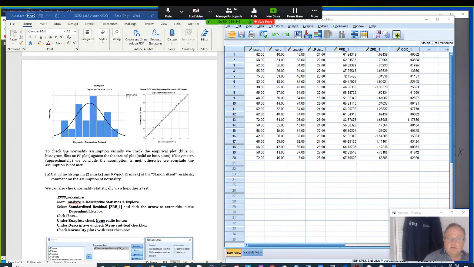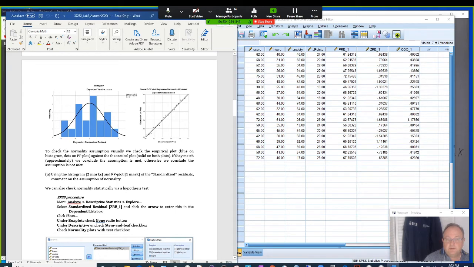To check the normality assumption, we visually check the blue histogram against the theoretical plot, the solid line on both plots. If they match approximately, we assume that the assumption is met. So these assumptions are a big part of what you're doing in this part of the course. Any kind of examination that you get will be zeroing in on this idea of assumptions.